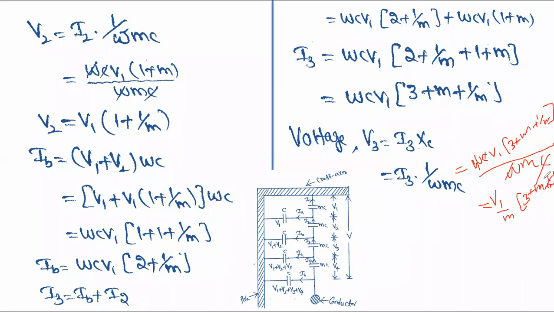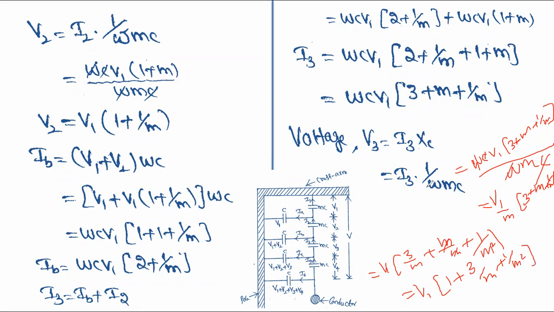Sending M inside, that is V1 into 3 by M plus M by M plus 1 by M into M square. Finally we are getting V3 equal to V1 into, numerator and denominator get cancelled, 1 plus 3 by M plus 1 by M square.